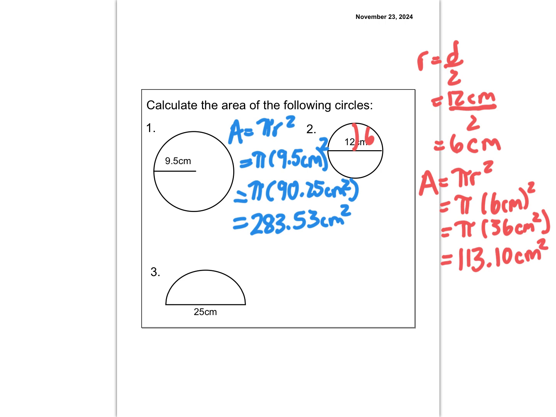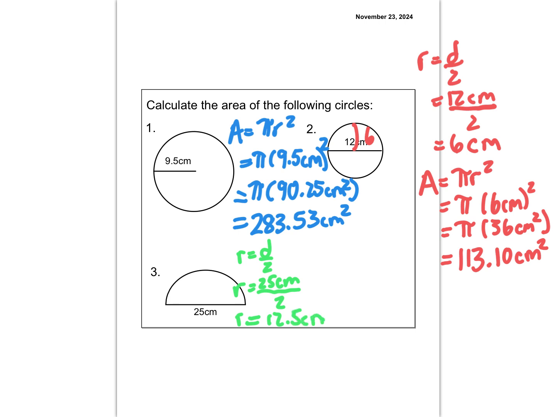Now the last one's probably the trickiest one because it's a semicircle, and the fact that we only have the diameter. So the first thing I need to do is figure out what the radius is. I know you're probably thinking there's another step, and there is, but let's get that one done first. So radius equals diameter divided by 2 equals 25 centimeters divided by 2, that gives me a radius of 12.5 centimeters.